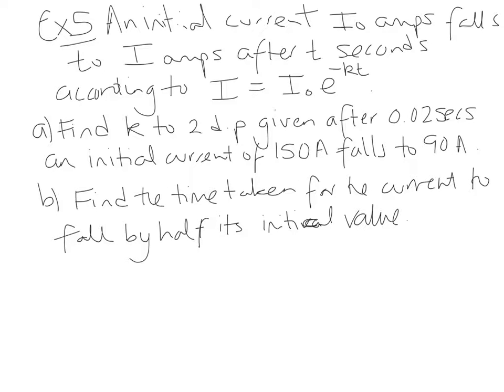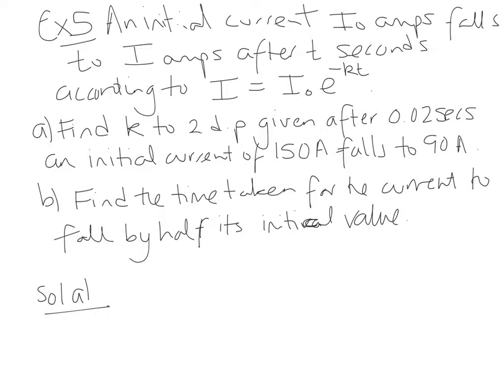We're asked to find k to two decimal places, given that we have a time of 0.02 seconds, and an initial current of 150 amps, and that falls to 90 amps. Part B is then asking us to find the time that it takes for the current to fall by half of its initial value.